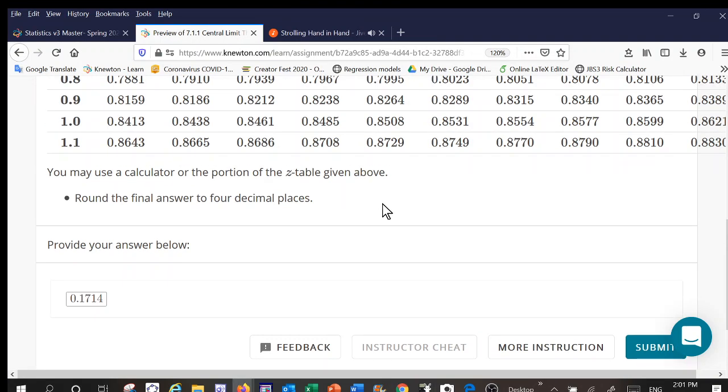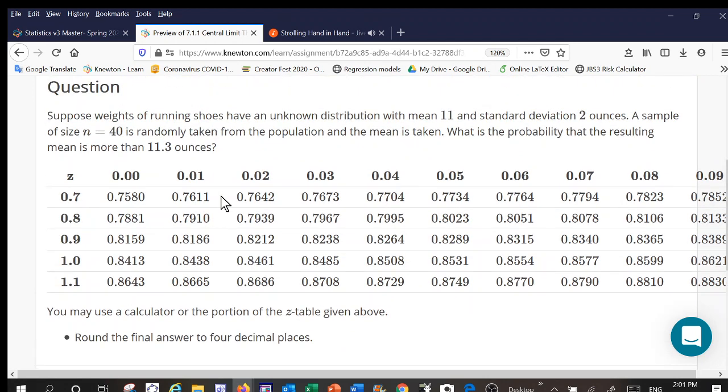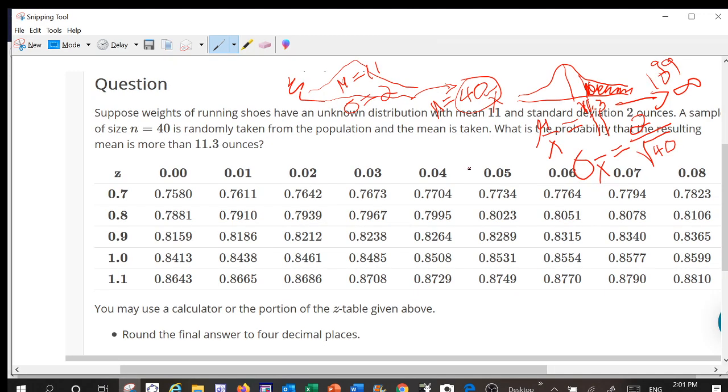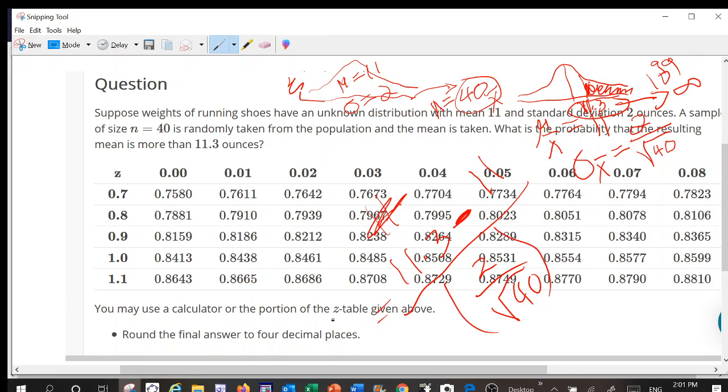Now, it says use this Z table. We're not going to use the Z table. If you were to use the Z table, you would have to convert the 11.3 to 11.3 minus 11 divided by 2 over square root of 40, which is going to be Z. And then you would have to find the Z over here in the table, and then find the value, then subtract from 1.